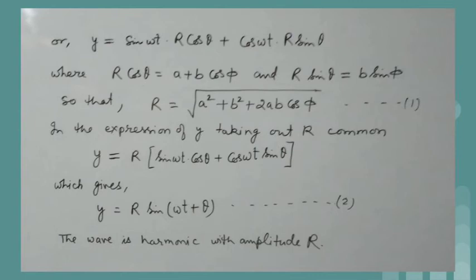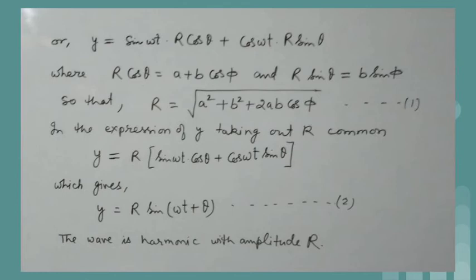In the expression of y, taking r common, y becomes r times (sin ωt cos θ + cos ωt sin θ), which gives y = r sin(ωt + θ).